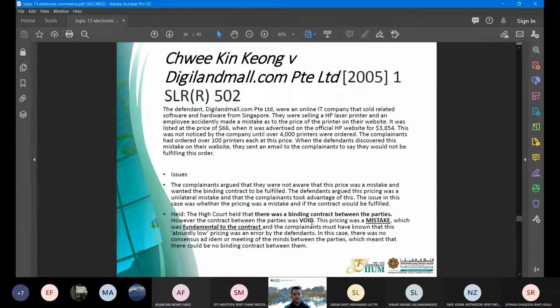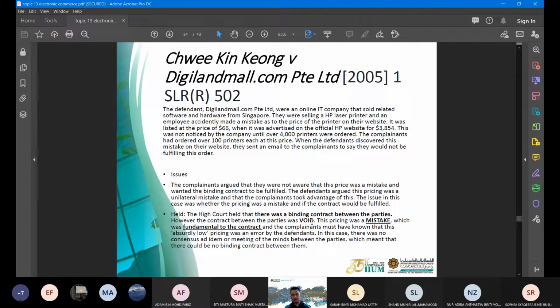And in this case, Chwee Kin Keong, this was about the selling of printers. So this Singaporean company was selling printers, yeah. And then there was a mistake in the advertisement. They mistakenly advertised the price so much lower.